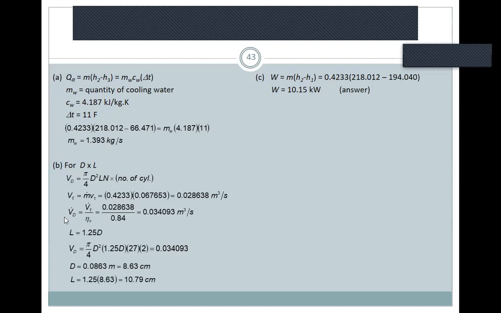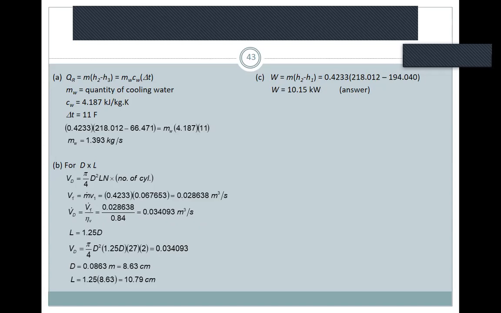Natandaan nyo yung volumetric efficiency formula. B sub D is equal to B1 over the volumetric efficiency, which is 0.08268 over 0.84, is 0.03490 cubic meter per second. But the length is 1.25 D. So displacement is pi over 4 times D squared times 1.25 D times 27 revolutions per second times 2 is equal to 0.034093.